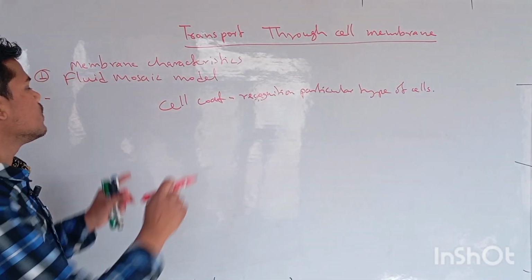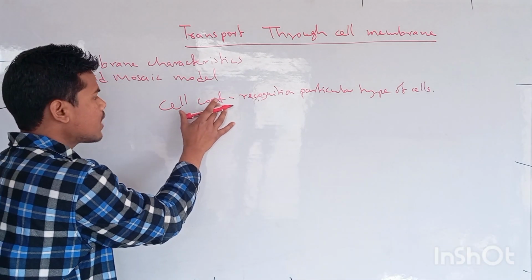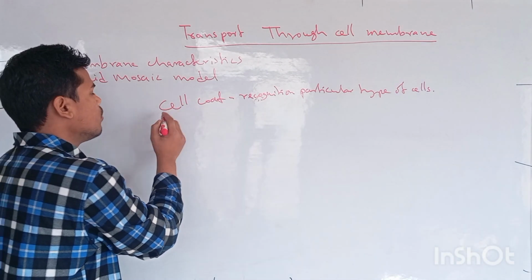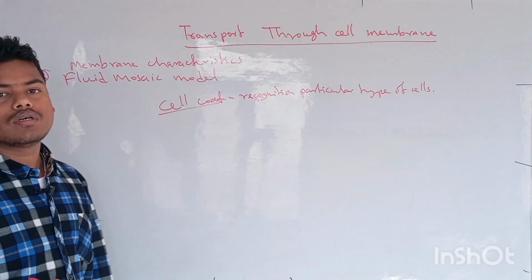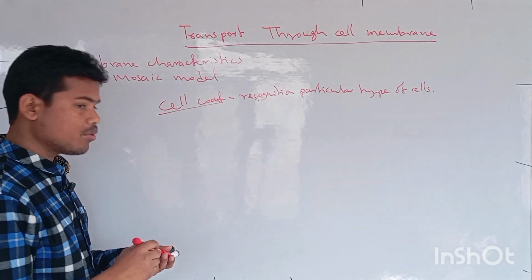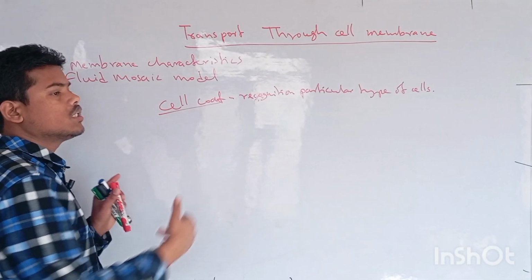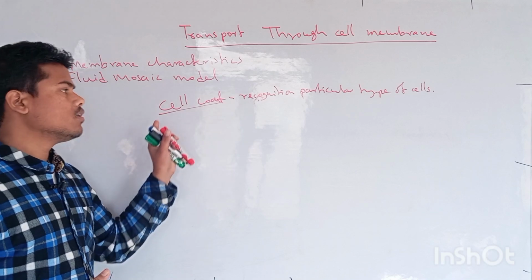In different cells, the carbohydrate component of the cell coat will be of a different type, so that one type of cell can be differentiated from another type of cell.